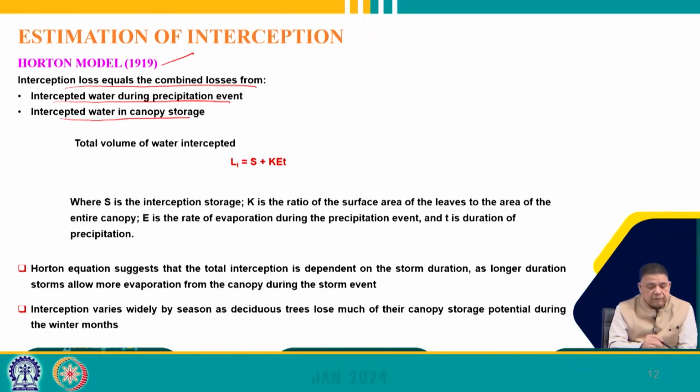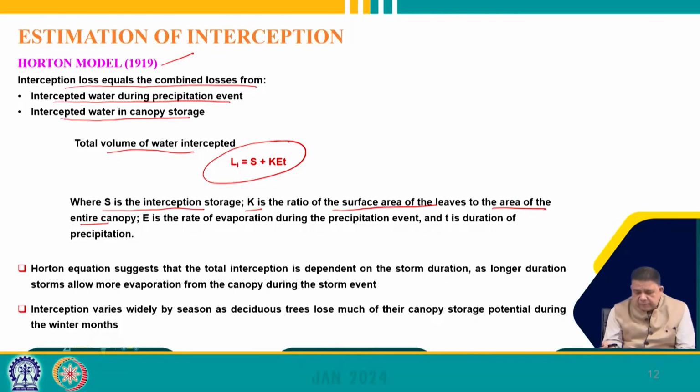These are the two components, and the total volume of water intercepted can be calculated by this formula: Li is S plus K E T, where S is the interception storage, K is the ratio of the surface area of the leaves to the area of the entire canopy, very similar to LAI but defined in a different way, E is the rate of evaporation during the precipitation event, and T is the duration of the precipitation.